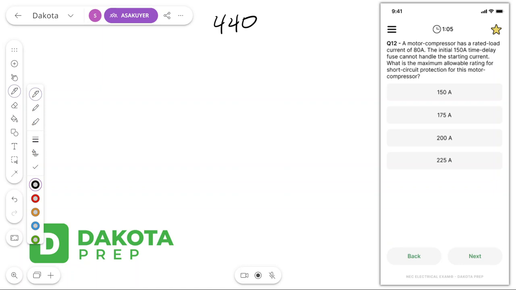And it's found in an exception in Article 440.22(A), and it's exception number 2.